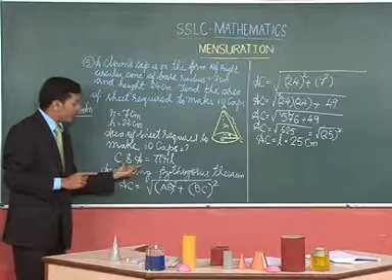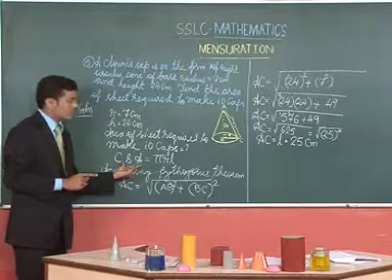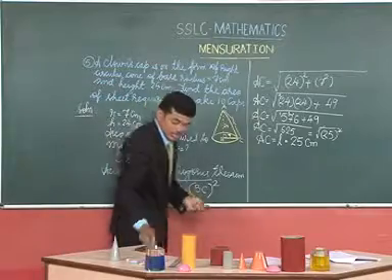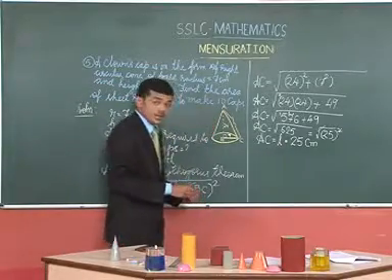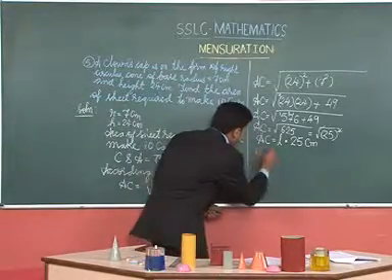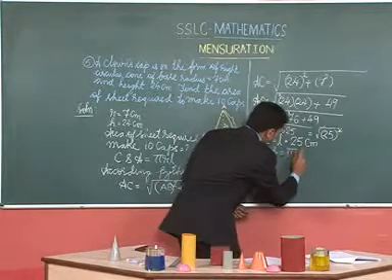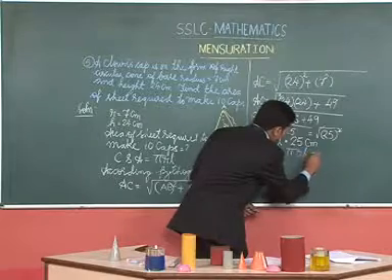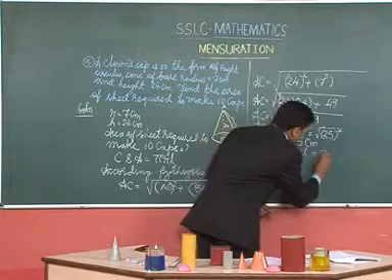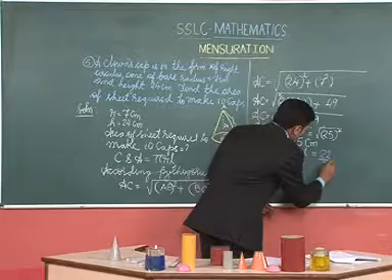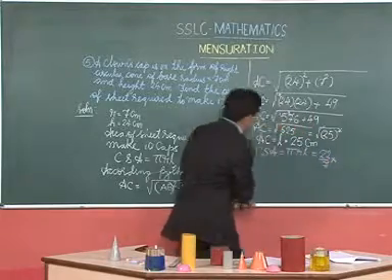So now let us find out the CSA, that is the curved surface area. Curved surface area is equal to pi RL. That is equal to pi, we know the value, it is 22 by 7. And what is the radius?